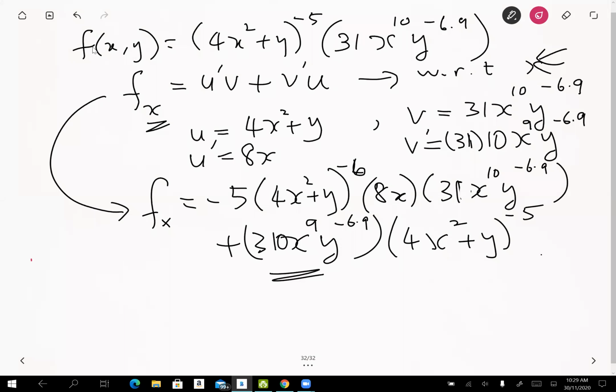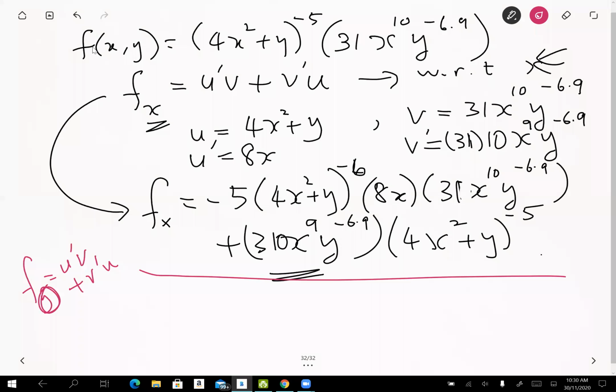But now the prime is with respect to y. So I just use u prime, or you can use du dy plus v prime u. But here it's with respect to y, not with respect to x.